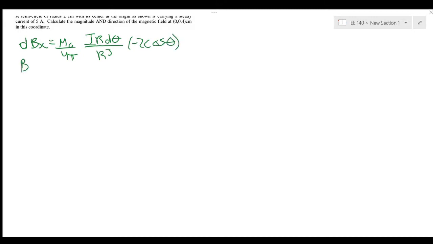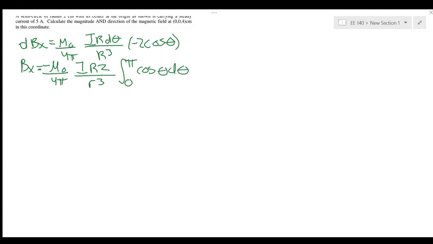So the magnetic field in the x direction is equal to negative mu naught over 4 pi I r z over r cubed integrating from 0 to pi cosine theta d theta.